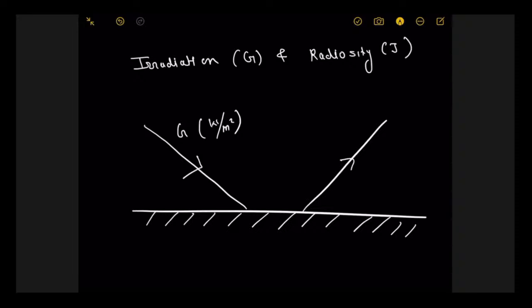Here it is reflectivity, rho into G, plus emissivity into emissive power. So this total is known as radiosity J.